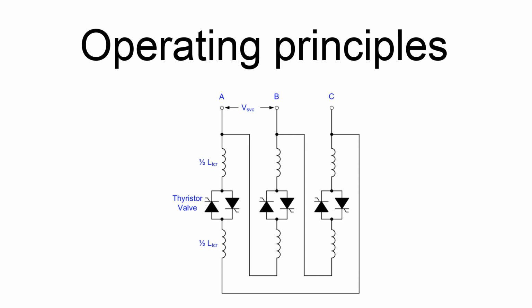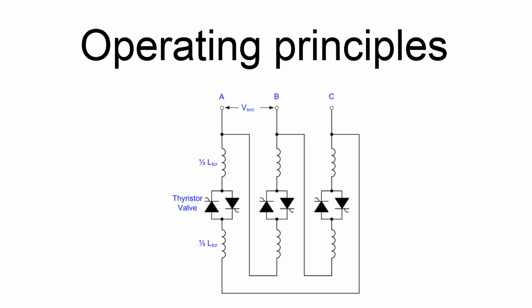conduction, and the RMS current is given by I_TCR,max = V_SVC / (2πF L_TCR), where V_SVC is the RMS value of the line-to-line busbar voltage to which the SVC is connected.